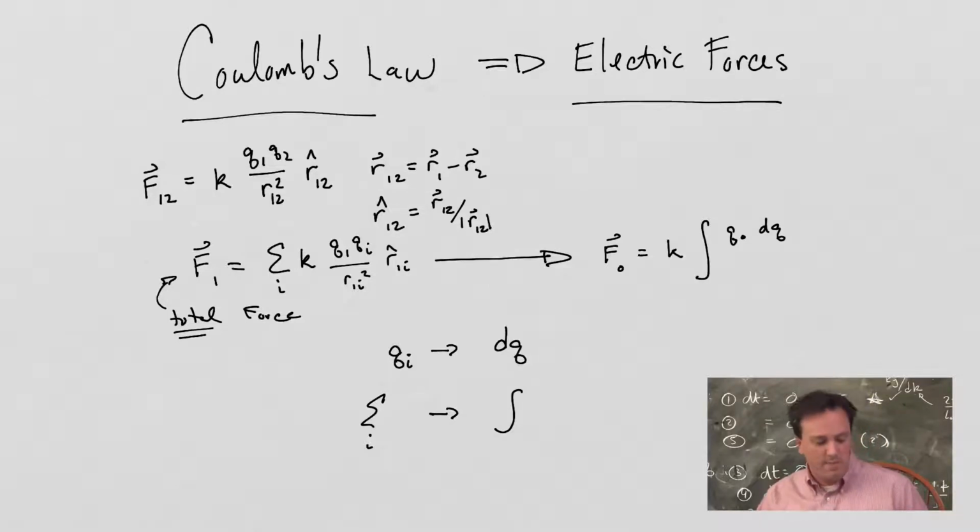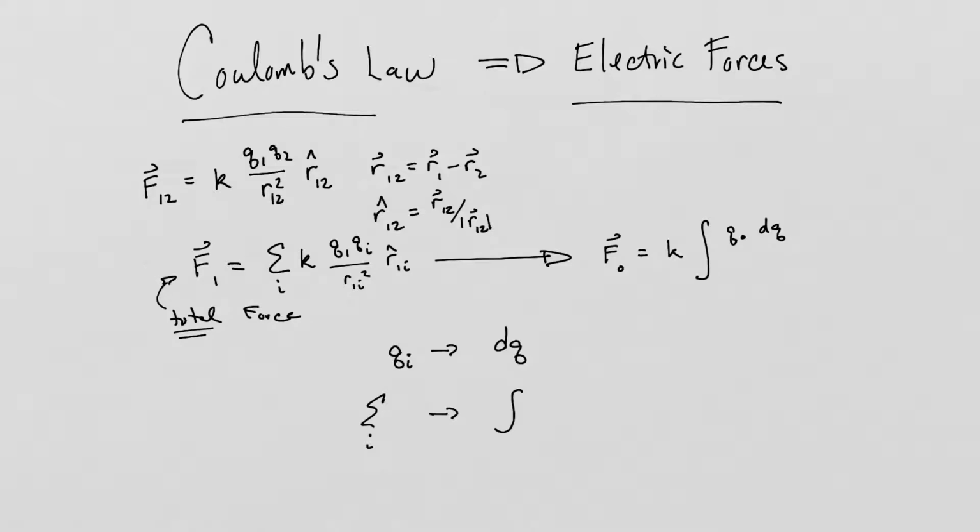Well, now what's going to happen to R12? R12 is now going to have to represent the vector that points from my little segment dq to the charge that I'm interested in. Let me go over to the example that I'm familiar with. Over here, I had Q1, and I had some Qi, and I calculated a bunch of R1i's, those vectors.